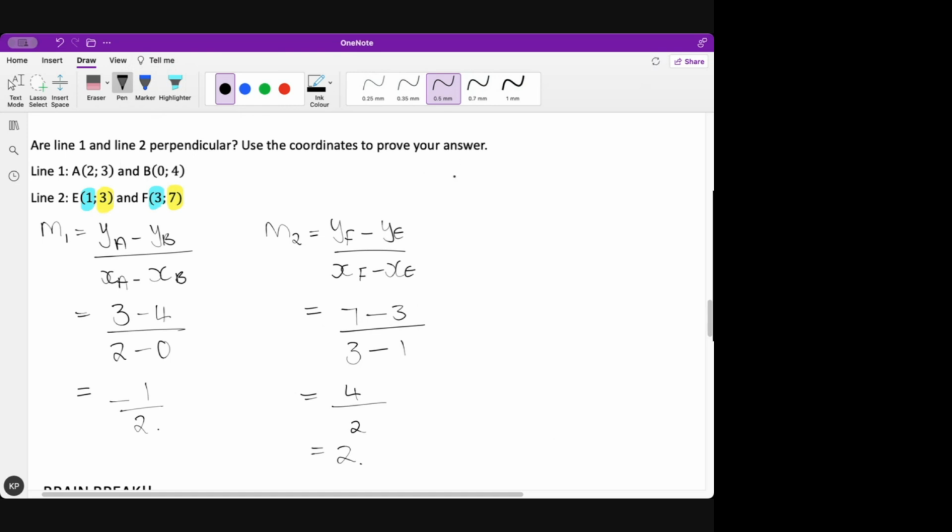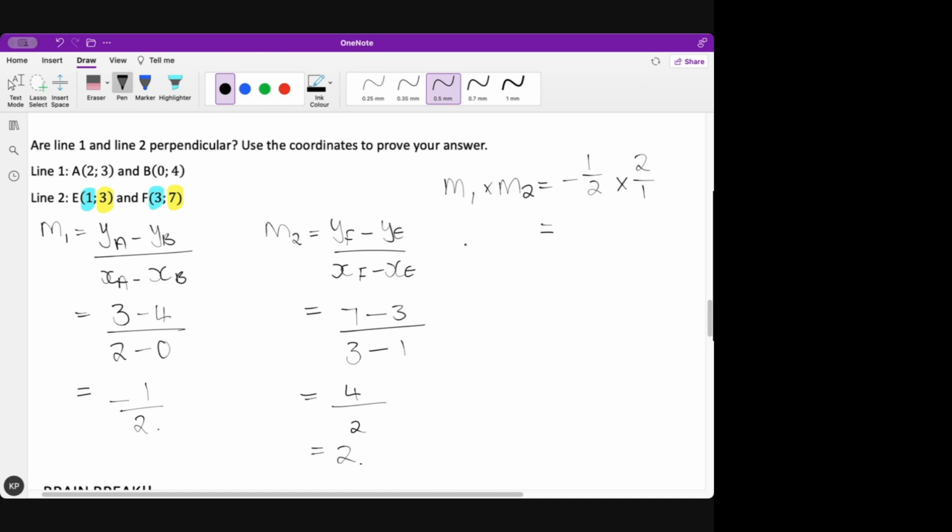But now I know. Now, are these two lines perpendicular? Obviously, I'm going to do the calculation, but what do we think in the chat? Interesting responses. A negative times a positive.